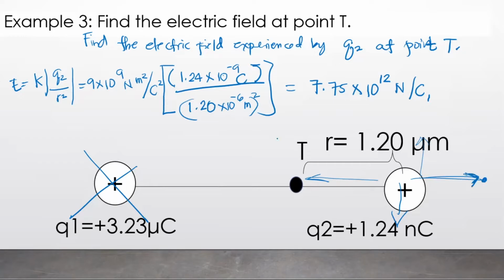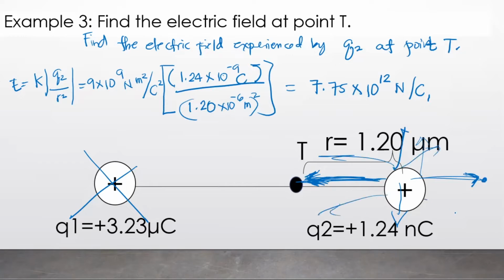This time, notice that it is circled, it changed direction. It is not on the left of your charge. Therefore, we will still follow our rule that if positive, the direction is outward.